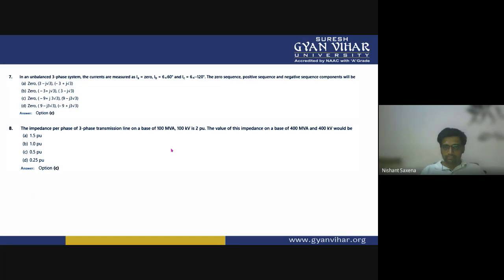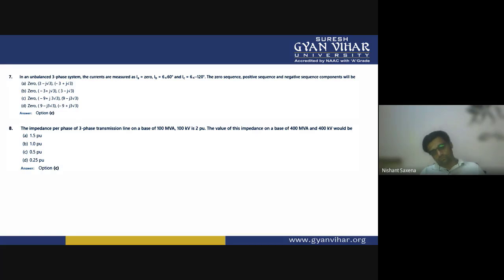Question number 7 and 8. Question number 7 says, in an unbalanced three-phase system, the currents are measured as phase current IA equal to 0, IB is 6 with an angle of 60 degrees amperes, IC is of the same magnitude 6, but the phase angle is minus 120 degrees amperes. What would be the zero sequence, positive sequence, and negative sequence components?